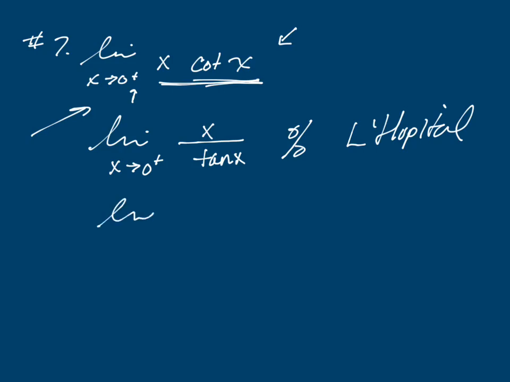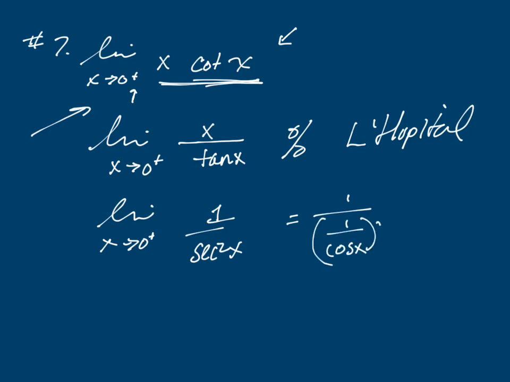So then it's the limit as x goes to 0 from the right of 1 over secant squared x. And that is equal to 1 over cosine x quantity squared, which is 1 over 1 squared, which equals 1. So yay, got through that.